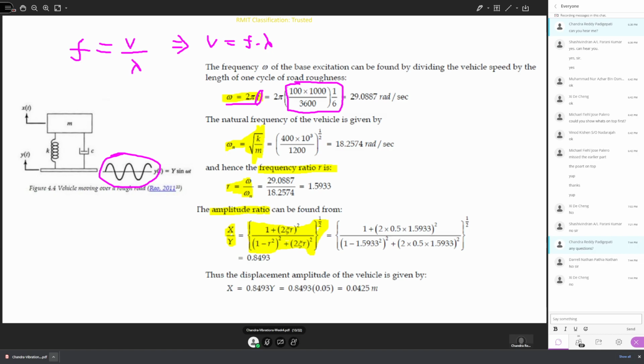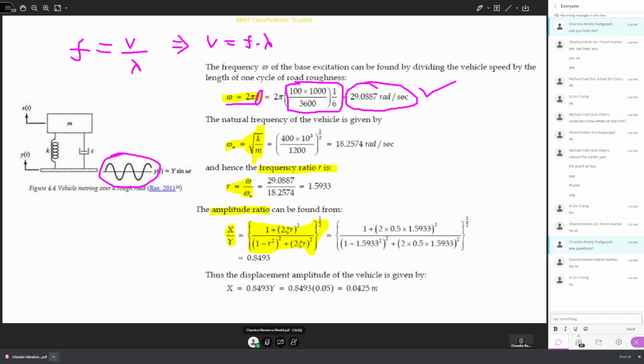The frequency omega we can write as 2 pi f, and once you calculate, you can see the frequency of the undulatory road surface due to the velocity of the vehicle is equivalent to 29.0887 radians per second. So in this case, the external frequency is due to the undulations on the road and the velocity of the vehicle.